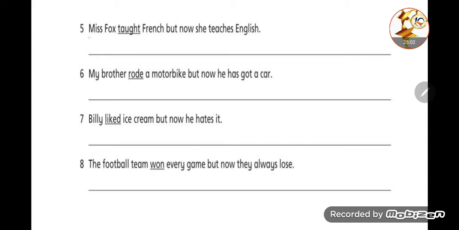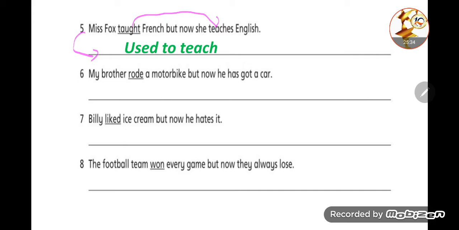Move to number 5. Miss Fox taught French but now she teaches English. هلأ هي علمت الفرنسية بس هلأ شو بتعمل؟ هي بتعلم الإنجليزي. taught هي نفسها إيش؟ teach، الفيرب 1 منها. فبنزل Miss Fox مثل ما هي وبنضيف used to teach. إذا بتصير Miss Fox used to teach French but now she teaches English.